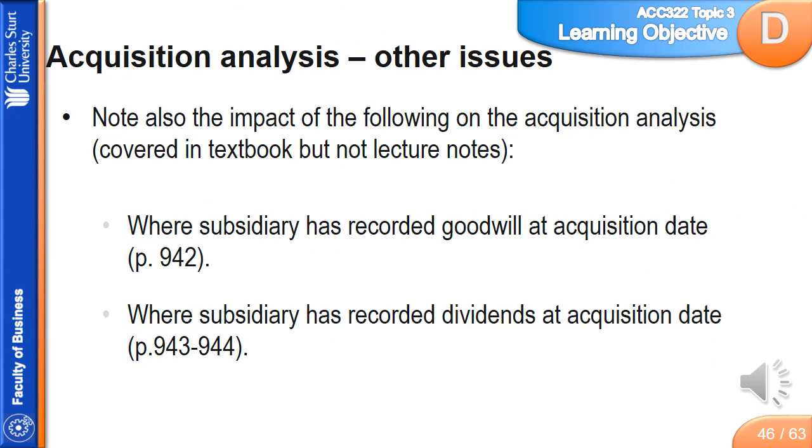Just before moving on, we should note that there are some other factors to consider when preparing an acquisition analysis, and it's not covered in the lecture slides, but it is covered in your textbook.